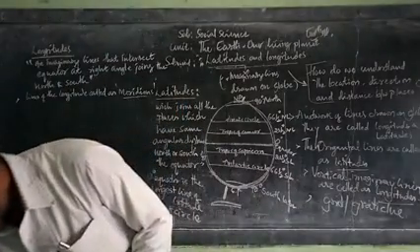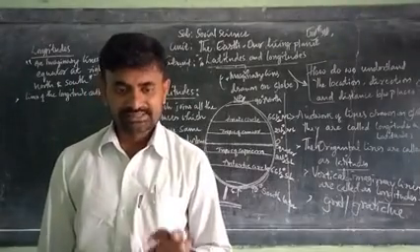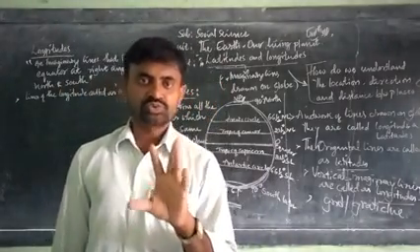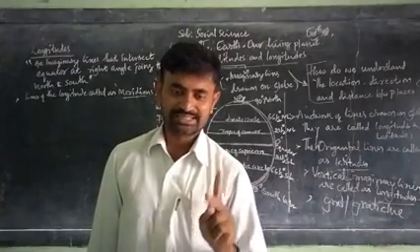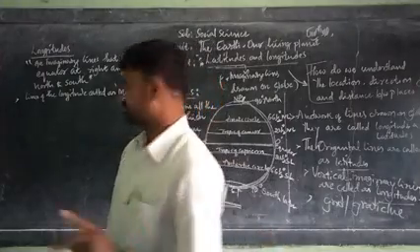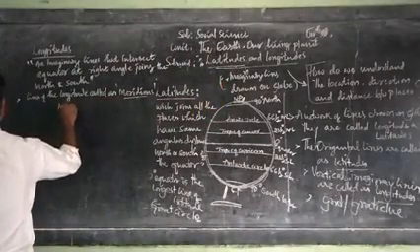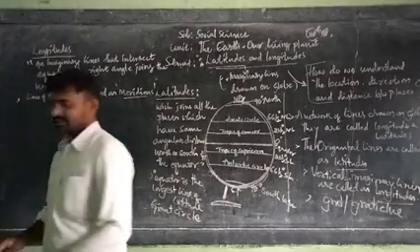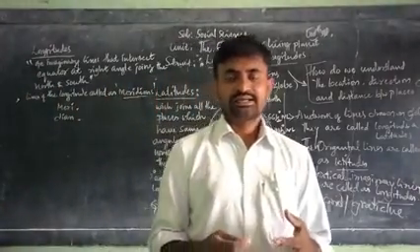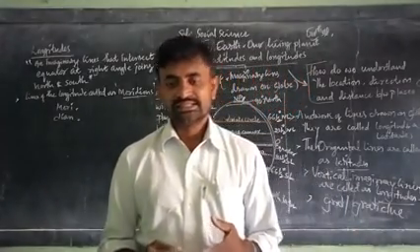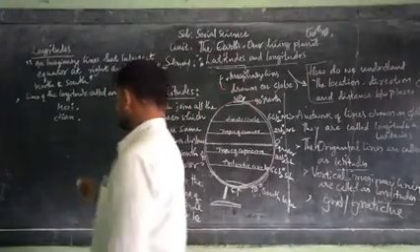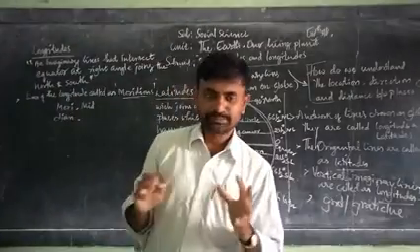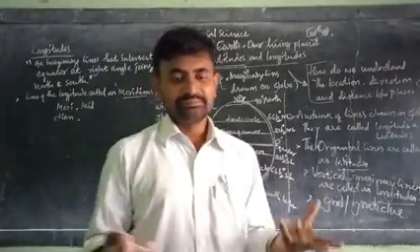Here, dear students, what does meridian mean? Yes, the lines of longitude. It has two different terms: merid and diem. Merid means mid, madhyana, and diem means day.